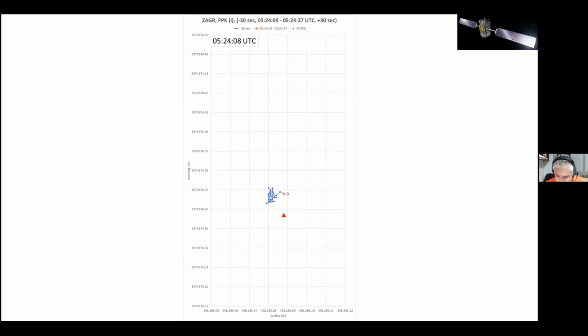The red triangle marks the reference position obtained by static processing, and the blue dots are 30 seconds before the main shock was registered or felt by the Zagreb station, and the orange dot marks the epoch 0.